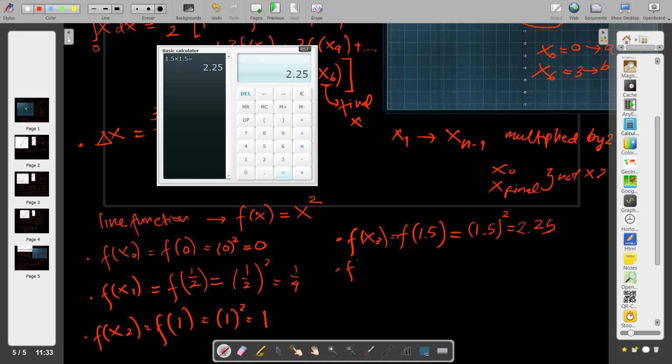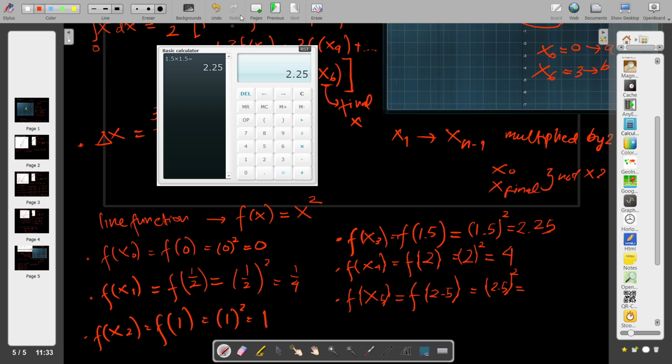Then f(x4) is f(2), so 2 to the power of 2, and we get 4. Then f(x5) is at 2.5.